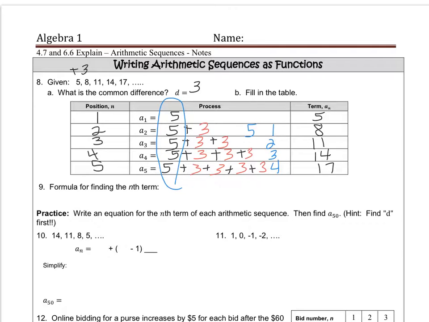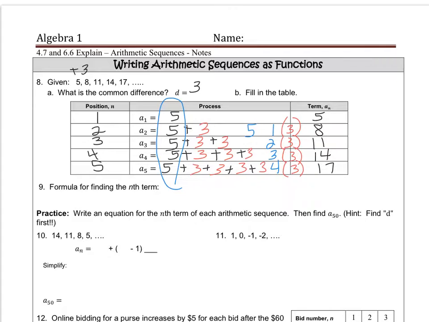So 1 times 3, 2 times 3, 3 times 3, 4 times 3.